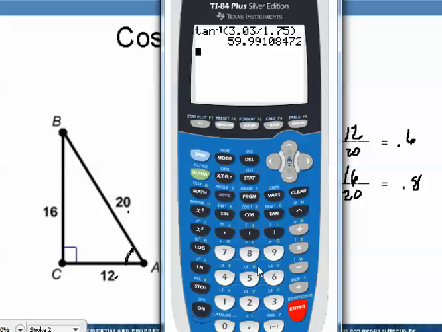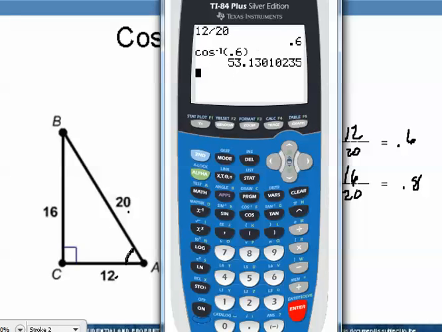It's not that big a deal. All I got to do is take the 12 divided by 20, and it will be 0.6. If I wanted that angle, I would take the inverse cosine of 0.6, and I would get the angle for that one, 53 degrees.